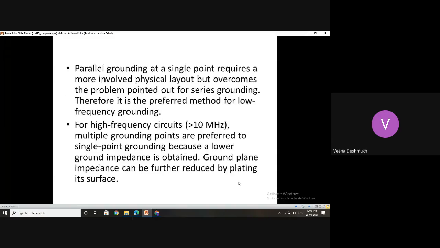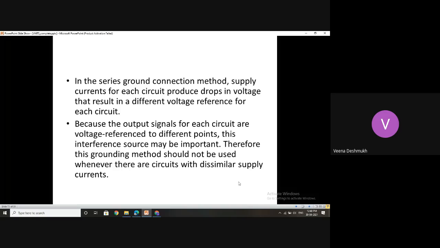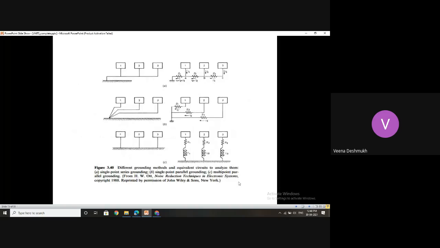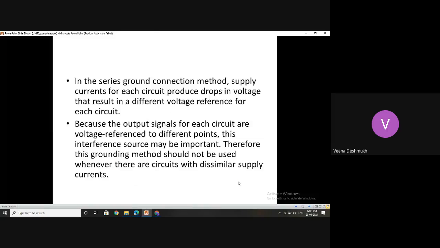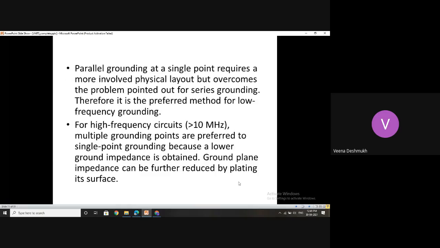Now this shield grounding is a mechanism which is in place because, in spite of taking care in the previous part, whatever we discussed, we still have some capacitive effects, especially at higher frequencies. So parallel grounding or single point grounding, all these things, are dependent on frequency.